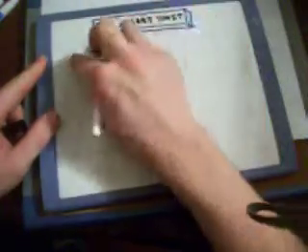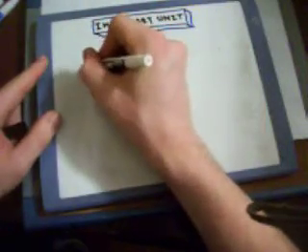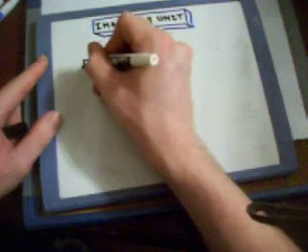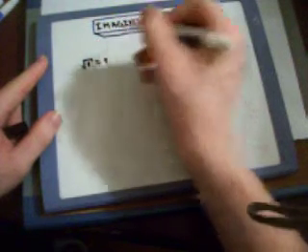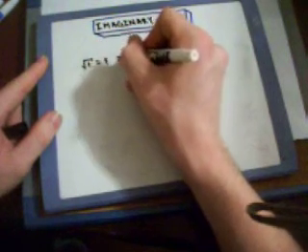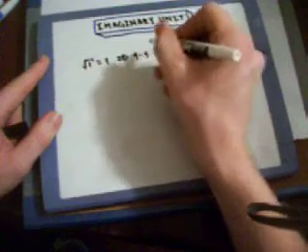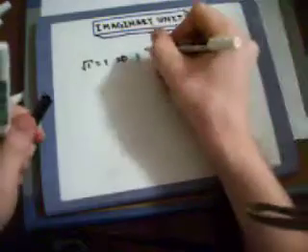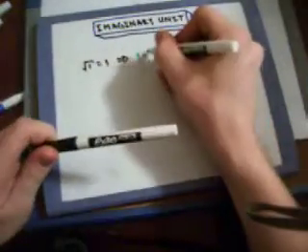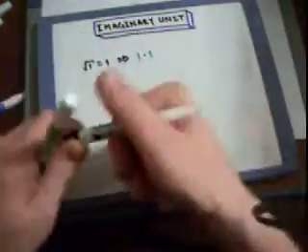Let me explain how we get to the imaginary unit. It's nothing really deep. The square root of 1 is just equal to 1. That's because 1 times 1 is equal to 1.